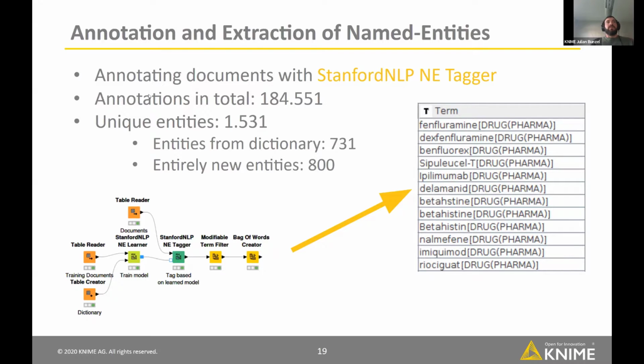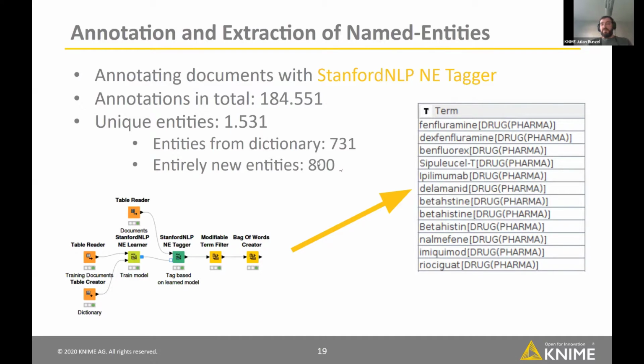So in total, we have 180,000 annotations in the document collection that we had in the beginning. Among these annotations, we have 1,500 unique entities. From these entities, 730 were in our drug dictionary in the beginning, and we found 800 entirely new entities.